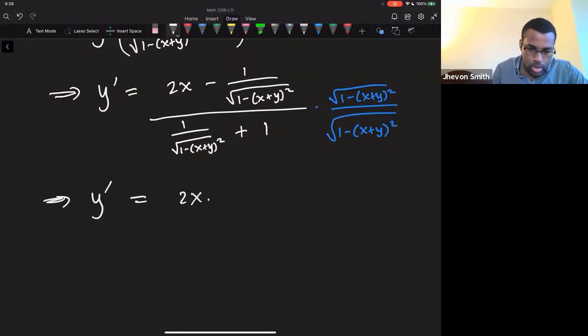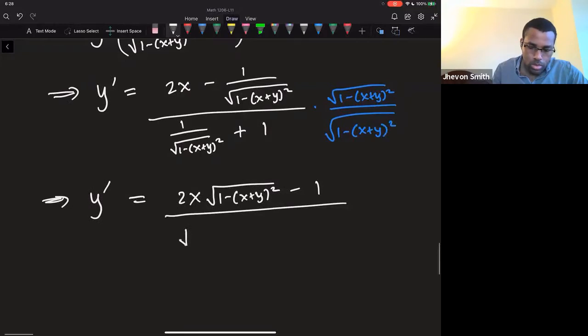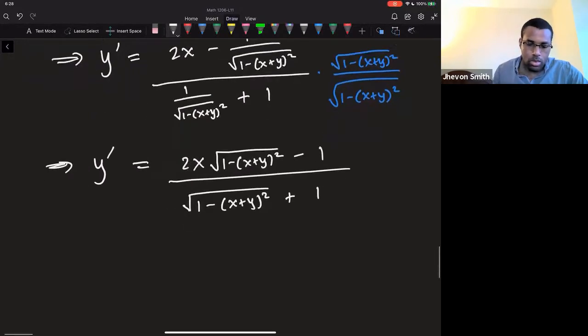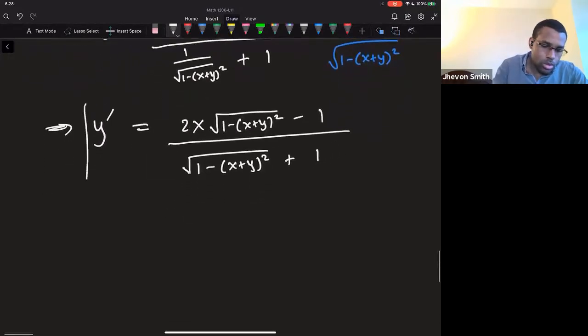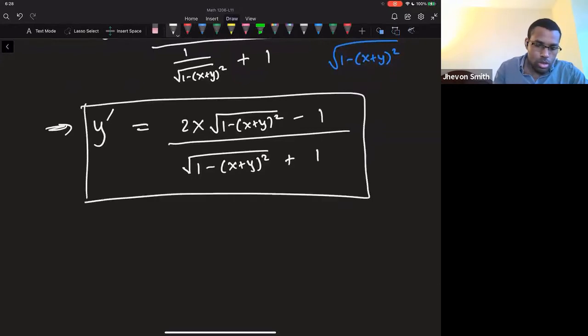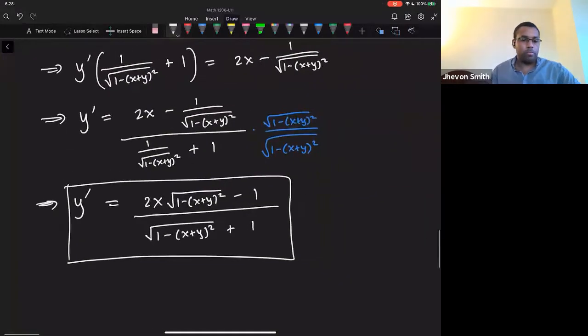So we have 2x times the radical of 1 minus. We have that.